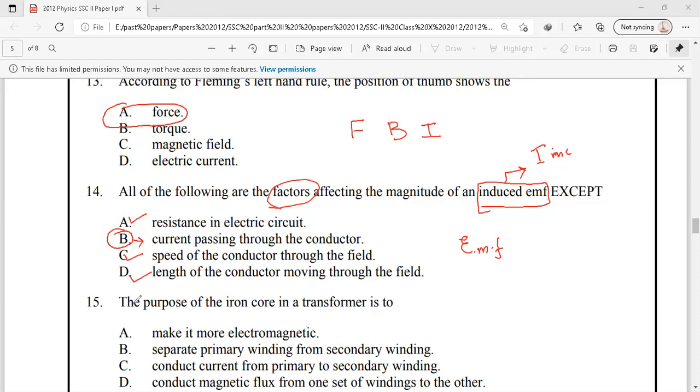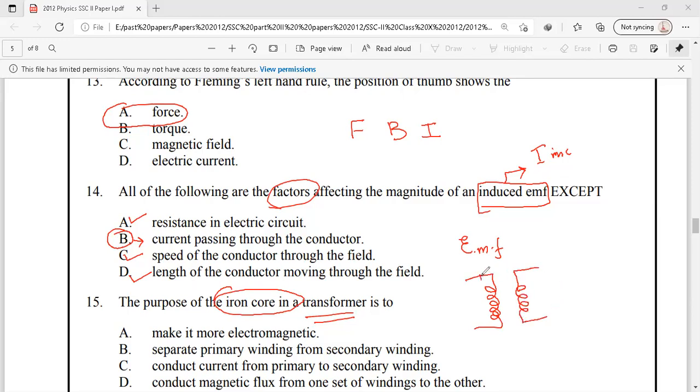Let's see question number 15, the purpose of using an iron core in a transformer. So we know that we have two coils. One is the primary coil and the other is the secondary coil.